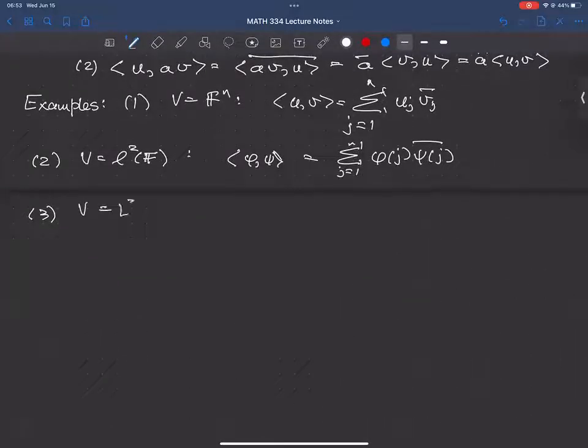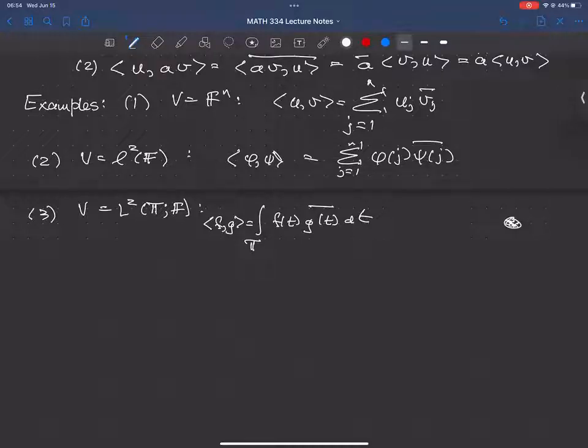Okay, and then on function spaces, continuous time function spaces, you get an inner product like that.